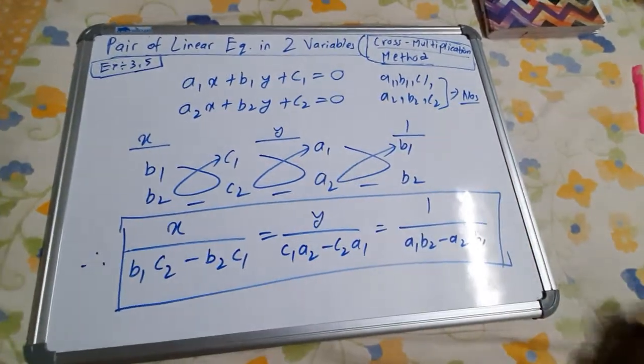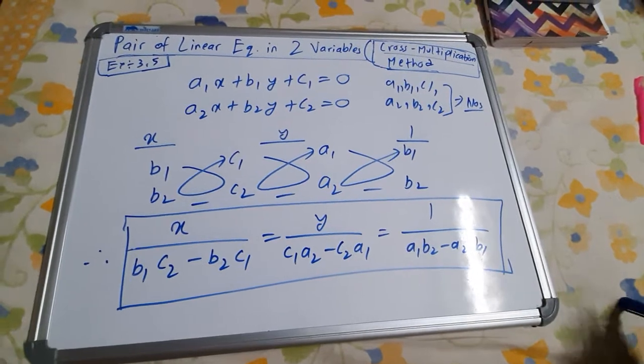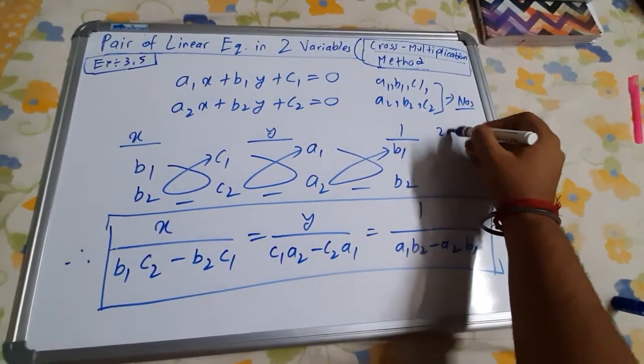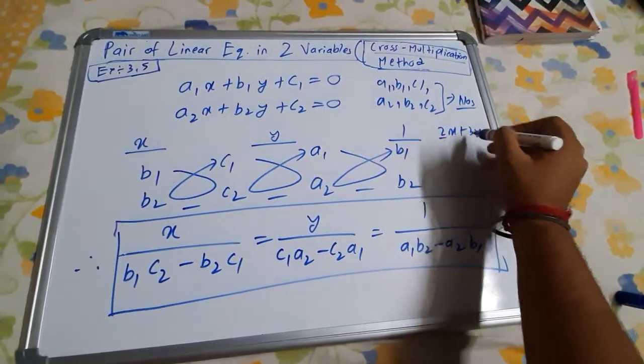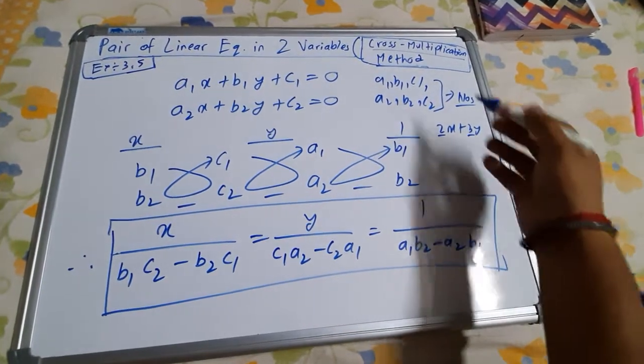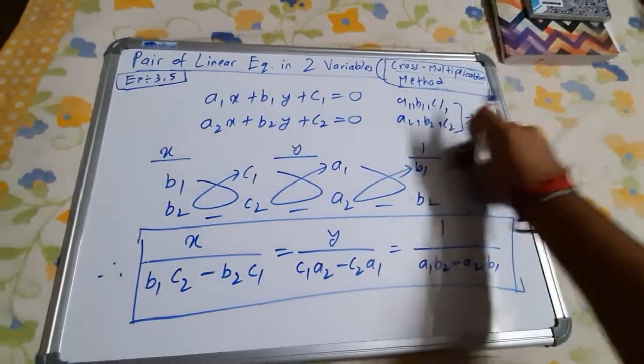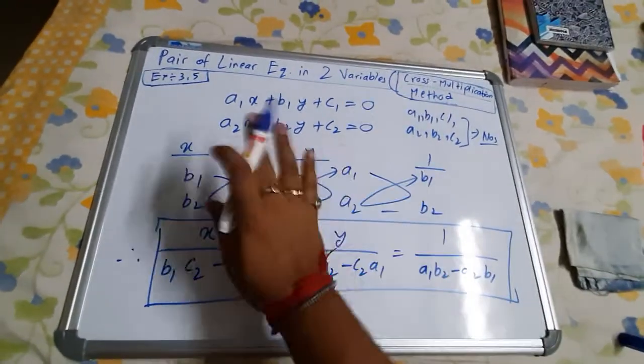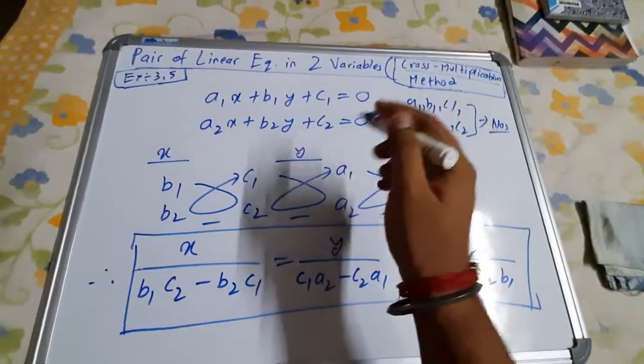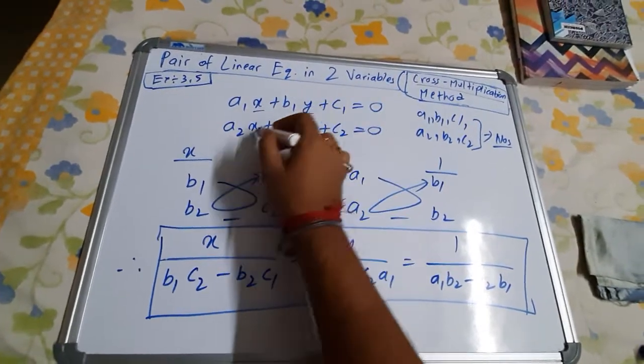Don't think that they are variables. Like 2x plus 3y, the 2 and 3 are constants like a1, b1, c1, a2, b2, c2. We are just naming them in general form. The only variables are x and y.